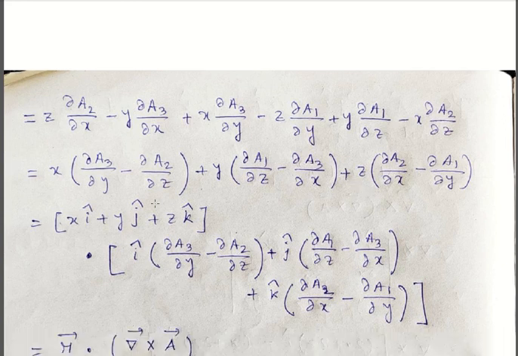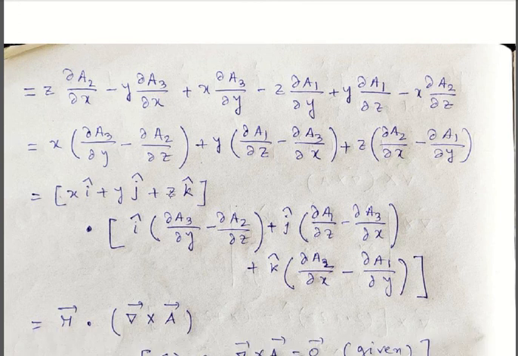This is nothing but, if I write here, look at this, xi plus yj plus zk, and this one. So we can write this step as this one. Why? Because multiply x into this one, i dot i equal to 1, so x into this one, we are getting here.